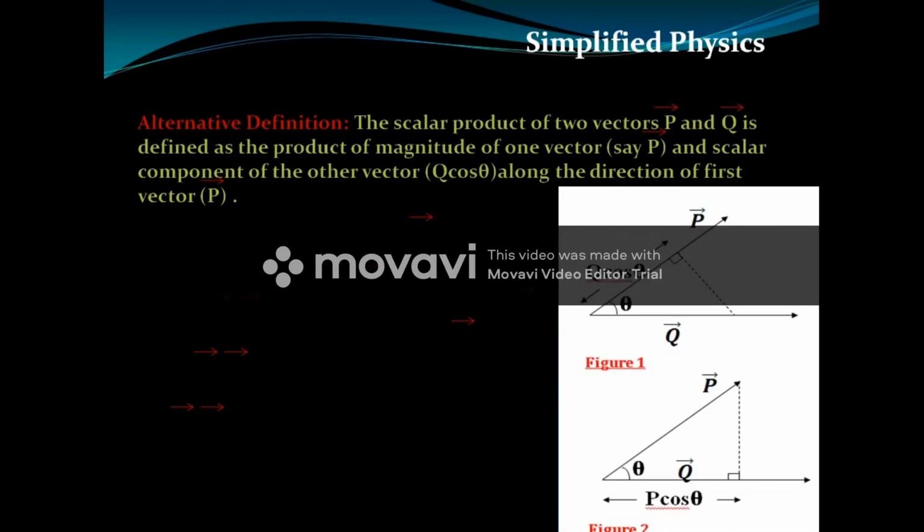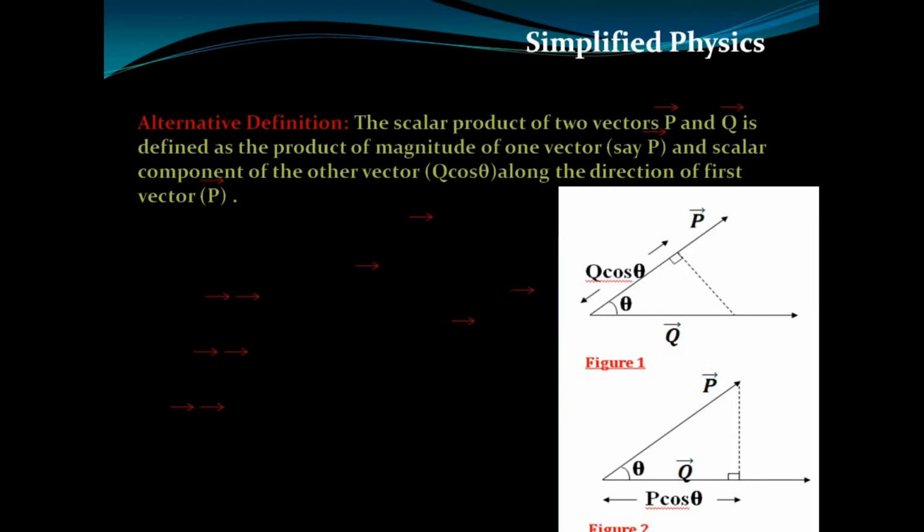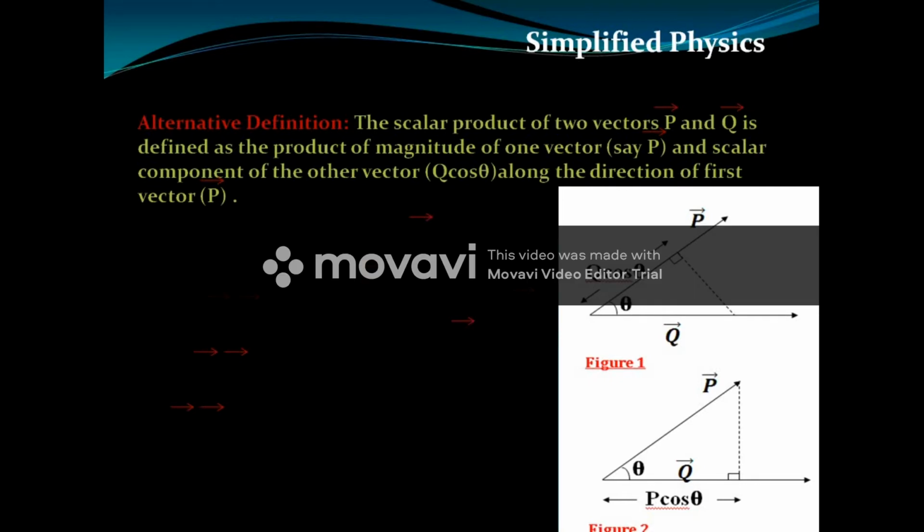The scalar product of two vectors can also be defined as the product of the magnitude of a particular vector, suppose p vector, and the scalar component of the other vector along the same direction as the first vector.